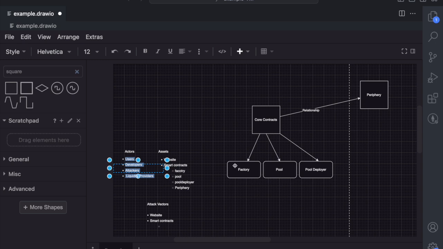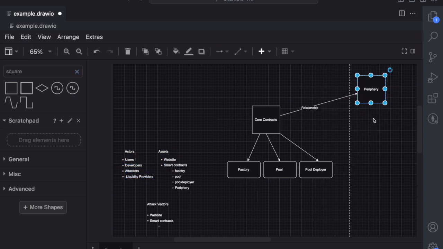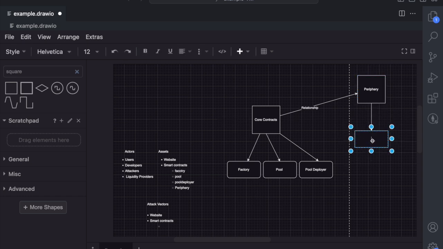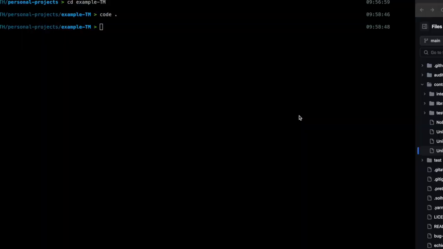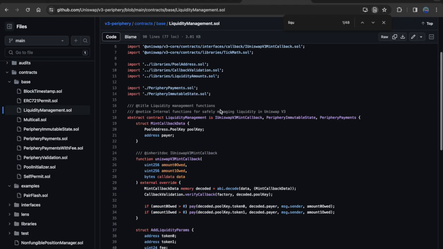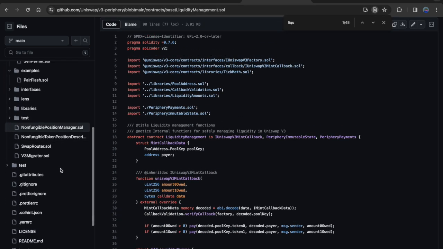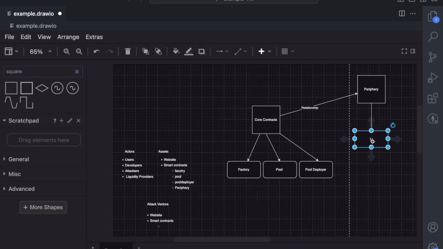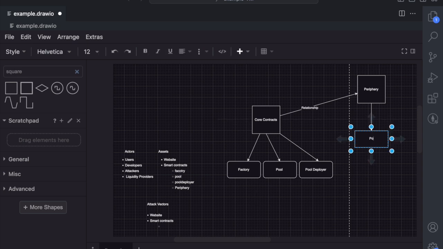So we have liquidity providers. Let's think of an attack vector for liquidity providers. That contract was called non-fungible position manager. I'm going to do a short title for that, so just position manager.